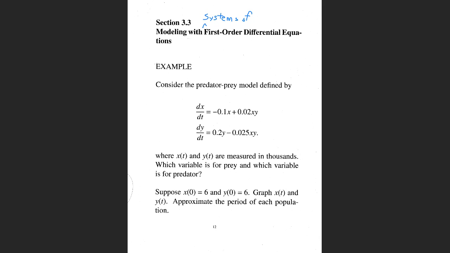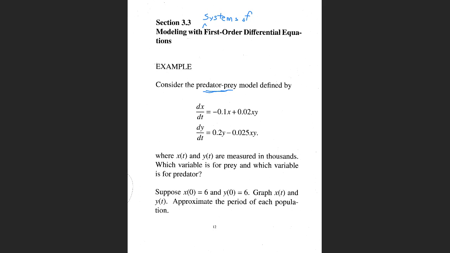Well, one can think about a predator-prey model. Section 3.3 is going to have a variety of systems of differential equations. For instance, you could have an interconnected system of tanks, and that would form a system of differential equations. They have good examples in the book, but I'm focusing here on the predator-prey model.